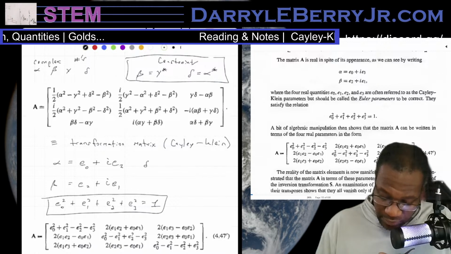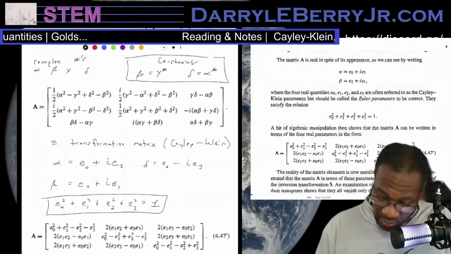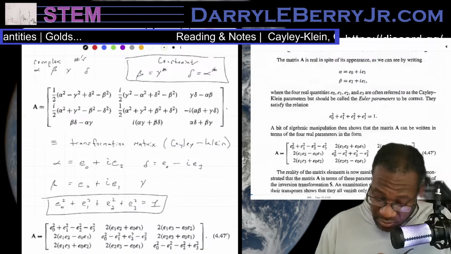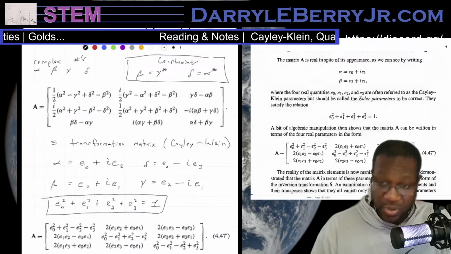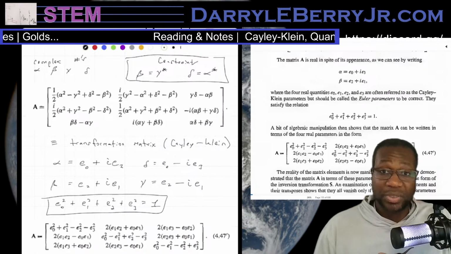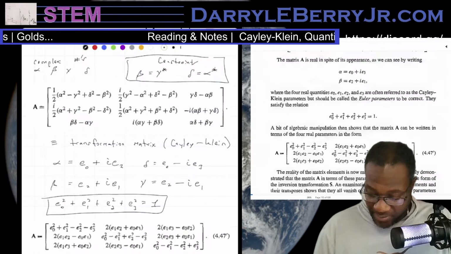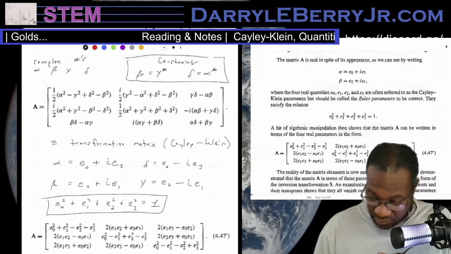So delta would be e0 minus i e3, and gamma would be e2 minus i e1. So the complex conjugate, you simply put a negative on the imaginary component of the number.